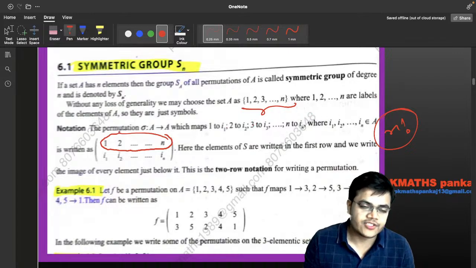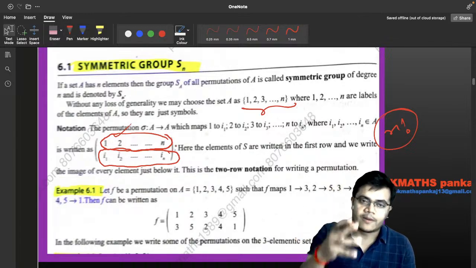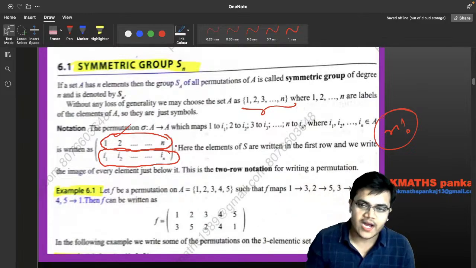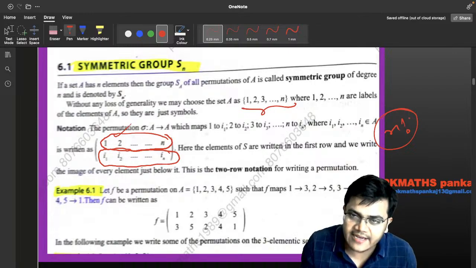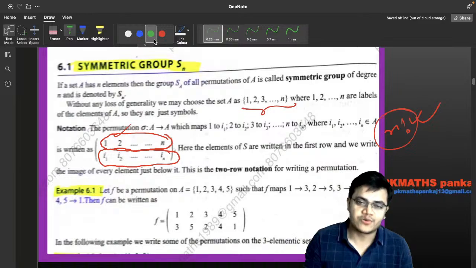Why? What is the reason behind that? Because these elements can be rearranged in factorial n ways, and every arrangement will give you a member of that permutation group. And that's why you will say factorial n number of elements will be there in the permutation group.